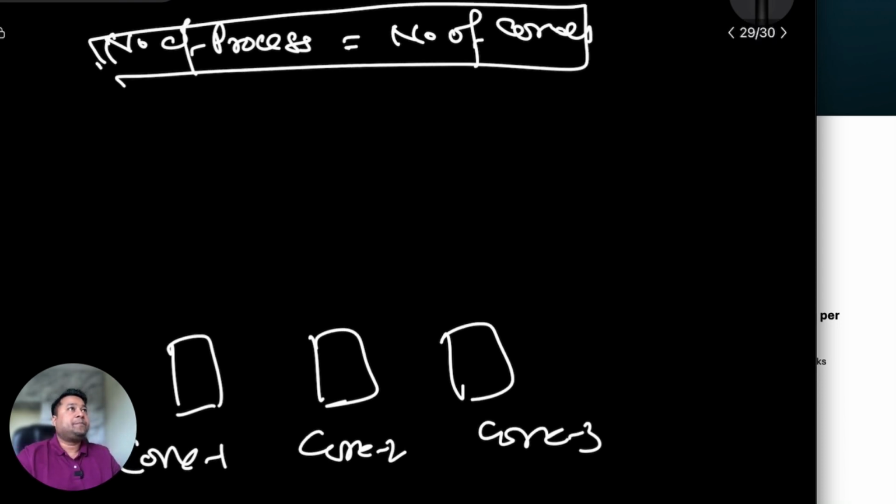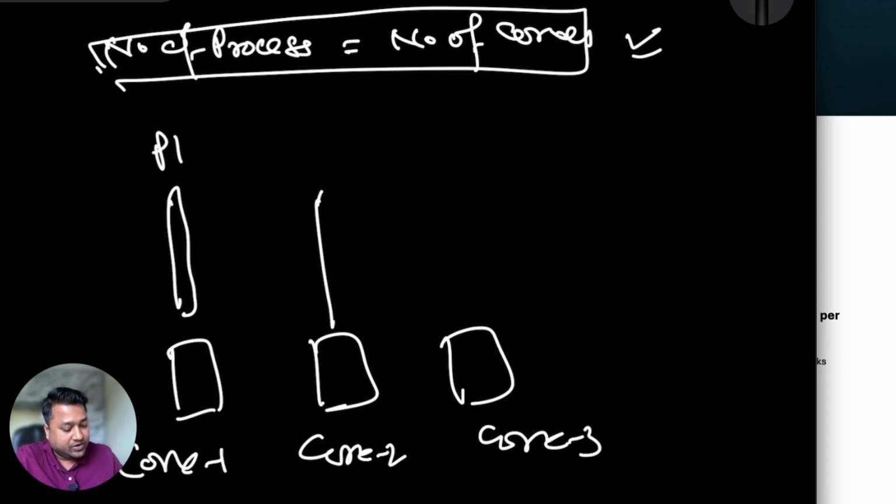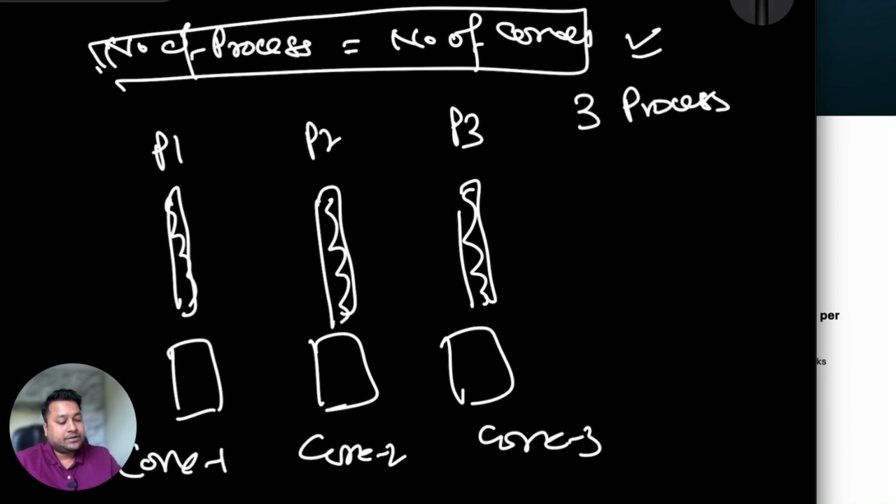So that's where half of the problem gets solved, right? Why? Because you will have one process working here, call it P1, one process working here, P2, and one process working here, P3. Now because you have number of processes equal to number of cores, these 3 processes can work together in parallel, right?